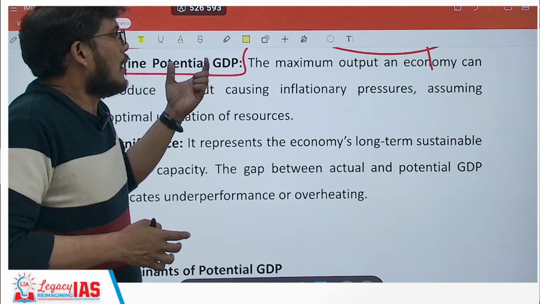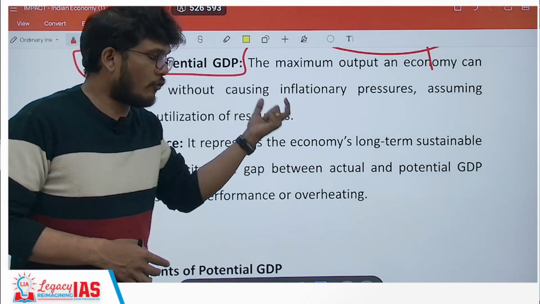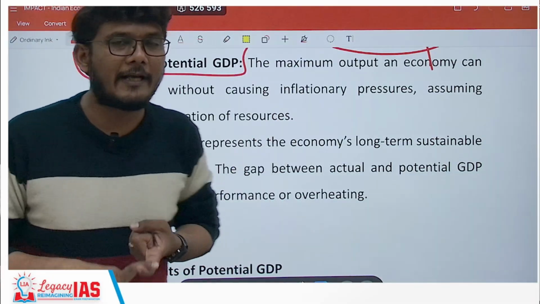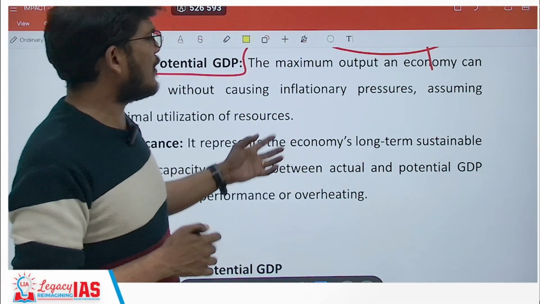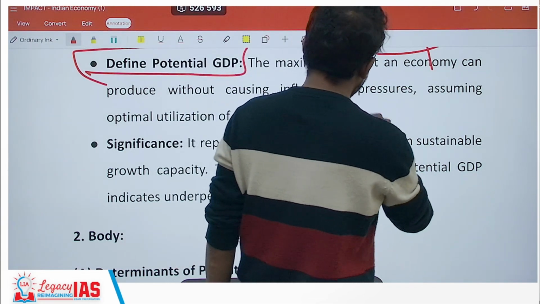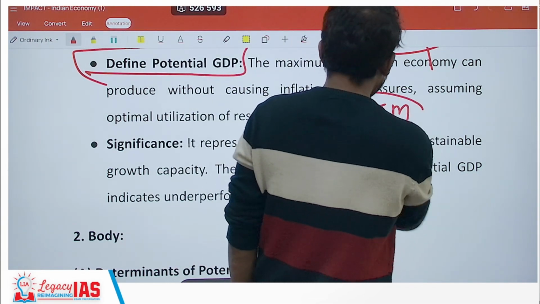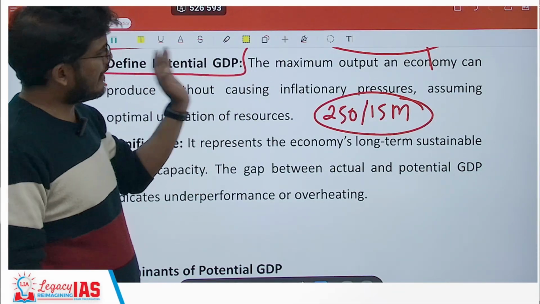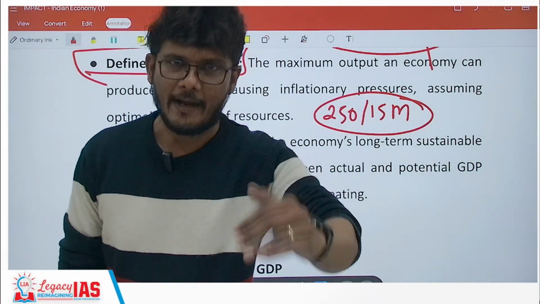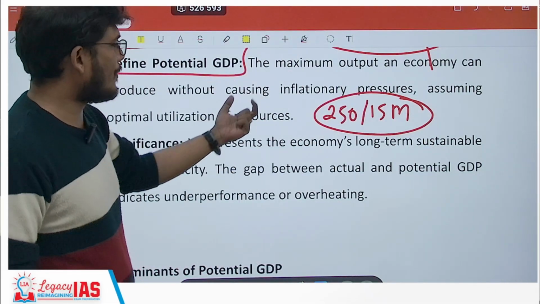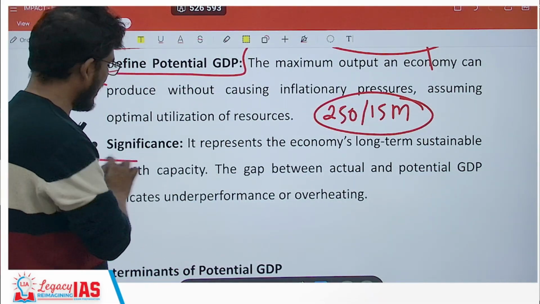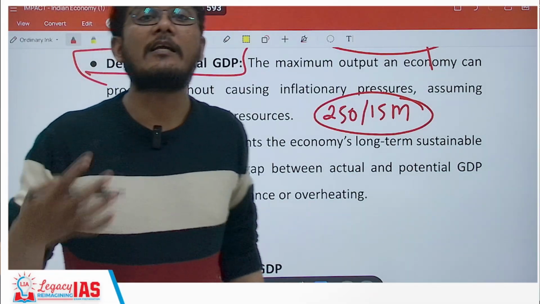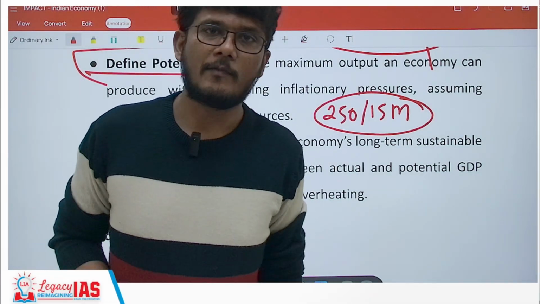Now here it's of 10 marks, 150 words, so the word utilization is also there. What if it would have been of 250 words and 15 marks? In that case also the introduction could be and should have been the definition only. You can define, talk about it, give an example, and move ahead to the next part, that is explaining the determinants of potential GDP. I hope that's clear.